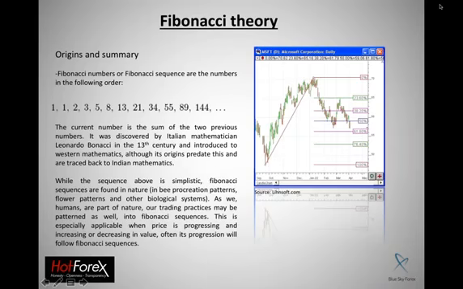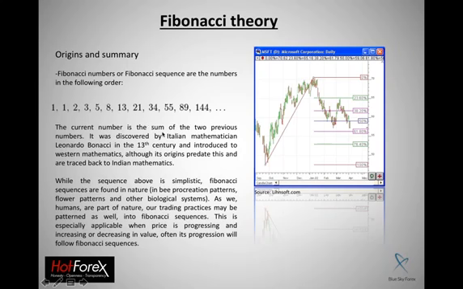So let's start with Fibonacci theory. What is Fibonacci? Why is it important? This is important to set the tone and background behind why these Fibonacci levels work. Fibonacci numbers, or Fibonacci sequences, are the numbers that occur in the following order: 1, 1, 2, 3, 5, then 8, and then 13, 21, 34.